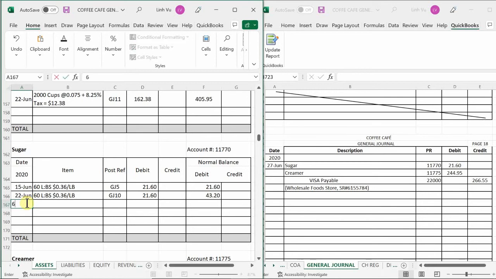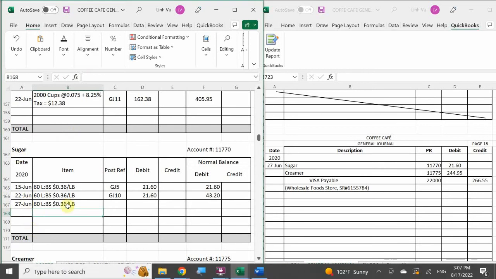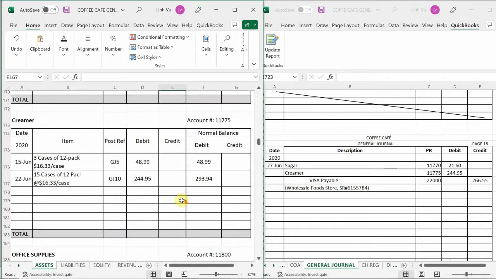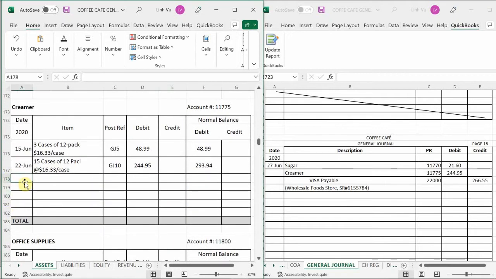So on the 27th, we bought 60 pounds of sugar at 36 cents a pound, page 18, for 21.60, for a total of 64.80. And the creamer, we bought 15 cases of 12 packs.